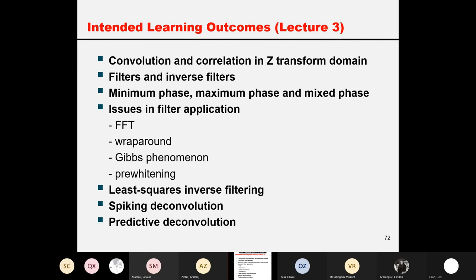If we have enough zero padding, you can separate the different periods. But if zero padding is not sufficient, the periodic series will be partially overlapped. That's the wraparound. For the filter, there's a Gibbs phenomenon. Generally, the Gibbs phenomenon has leakage in the suppression band, but also the top of the amplitude spectrum is not flat. It's not always one, right? You can enhance part of a frequency, suppress part of a frequency, right?